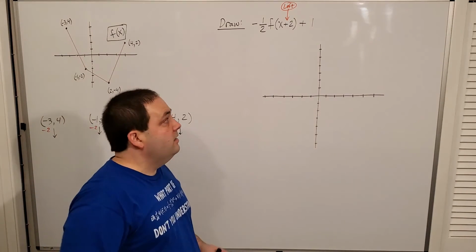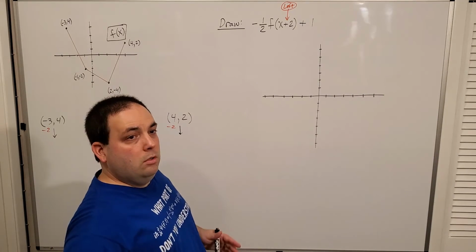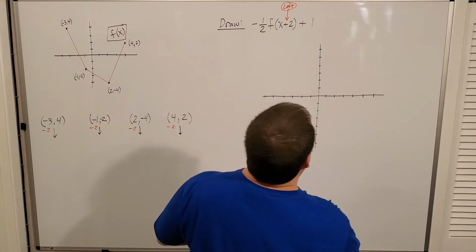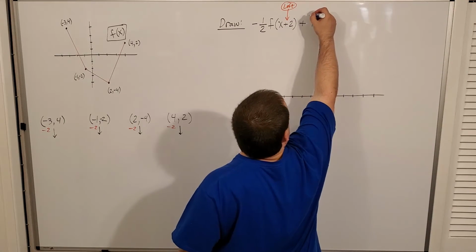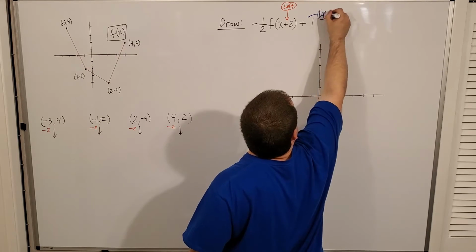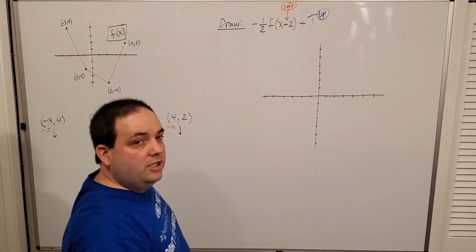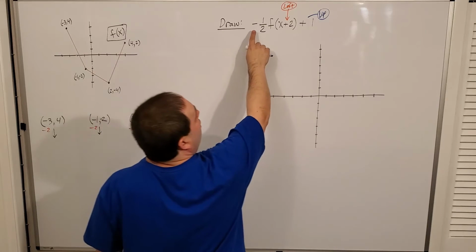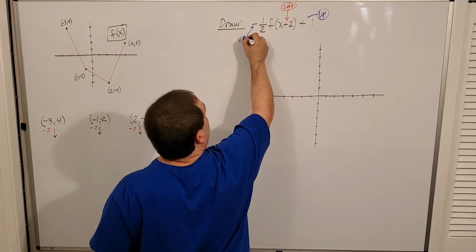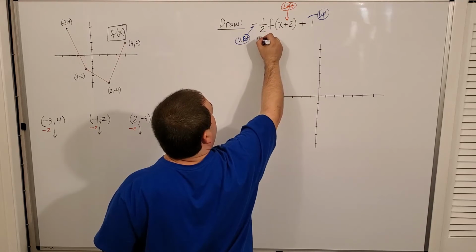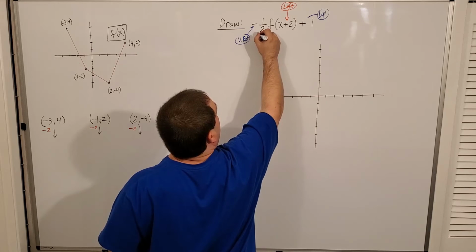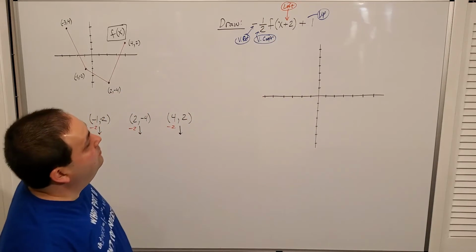Now the y is a little bit more complicated. It seems to have more pieces. With the y, I'm going to notice that, yes, I do have a shift up, but I don't want to do that shift up until after I've done both the vertical reflection and the vertical compression from the 1/2 there.